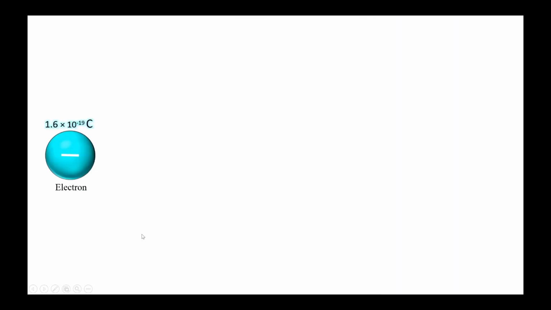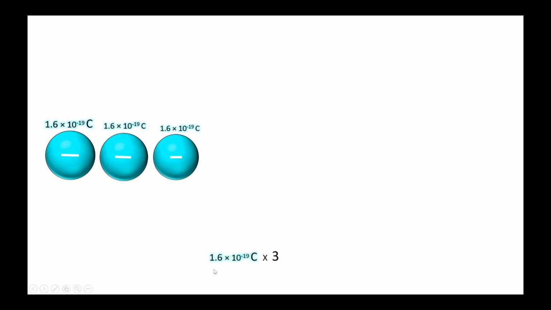The charge on one electron is 1.6 × 10^-19 coulombs. The charge on two electrons is 1.6 × 10^-19 coulombs × 2. If it is 3, then 1.6 × 10^-19 coulombs × 3. If we take 100 electrons, then the charge on 100 electrons is 1.6 × 10^-19 × 100.